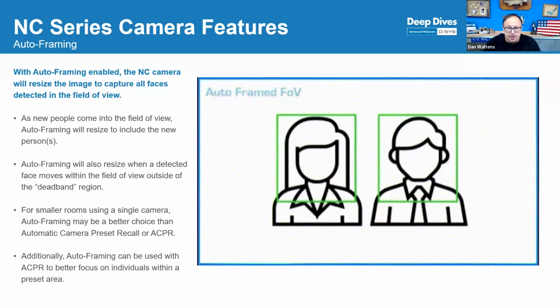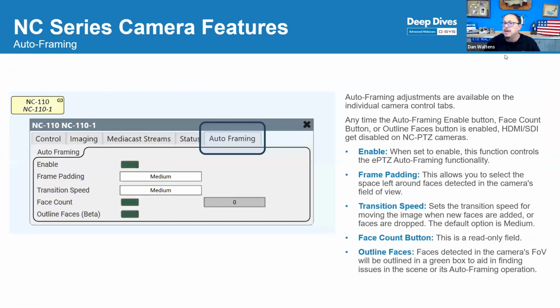There's no extra feature, nothing you need to do besides go into the camera control blocks for your programmers, and they simply enable auto framing, and they can set up how much the padding is and how fast it transitions. You can also get a face count. We're not storing any facial data, but we're actually using this in some of the larger trade shows.